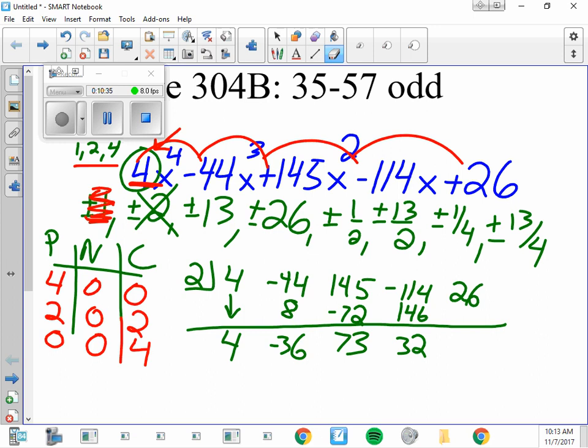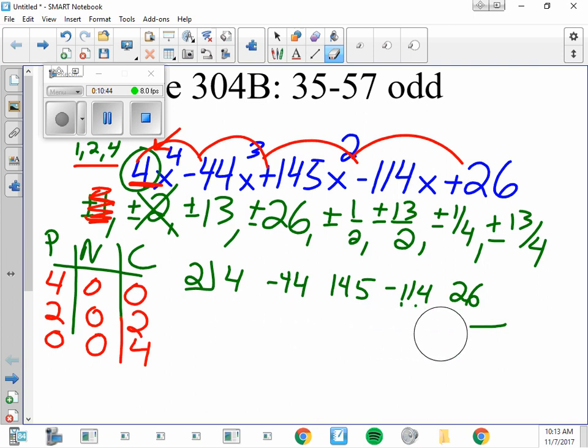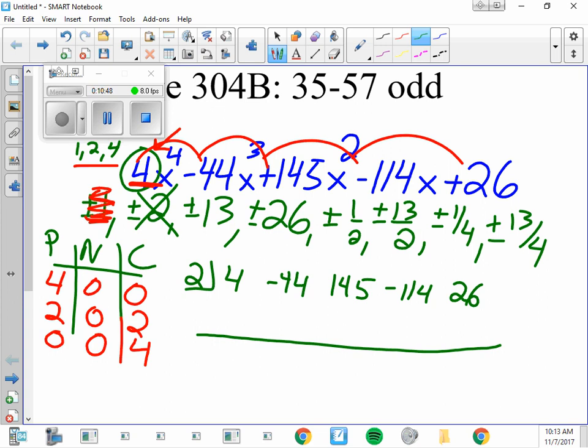No, it can still be 13 because that other 2 might come from an imaginary number. Okay. So somebody's going to need to run a calculator here. We're going to try 13. Drop the 4. 4 times 13 is 52.